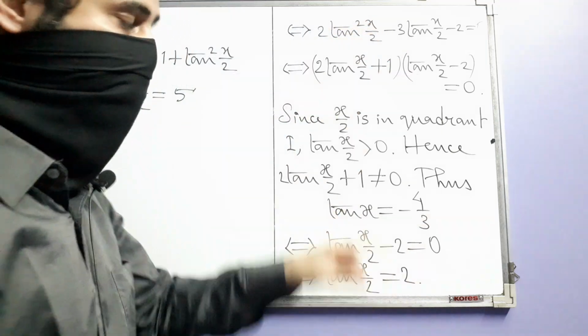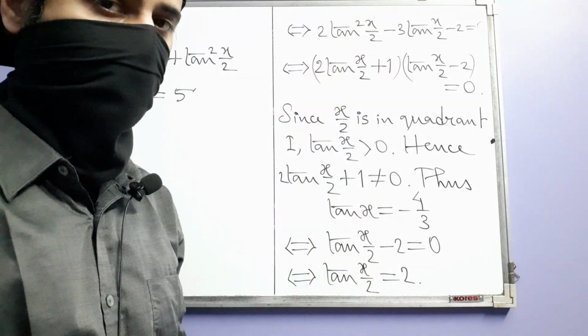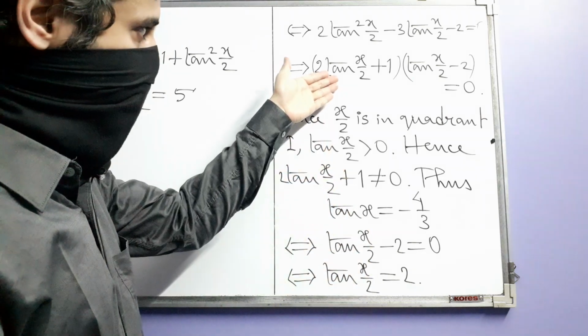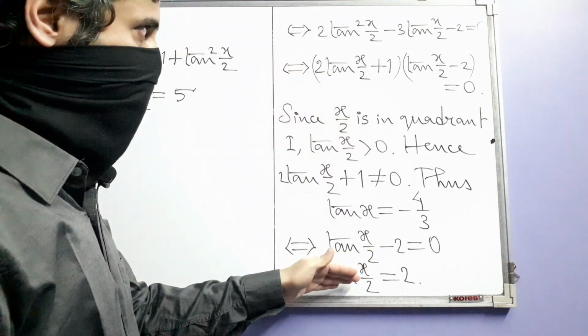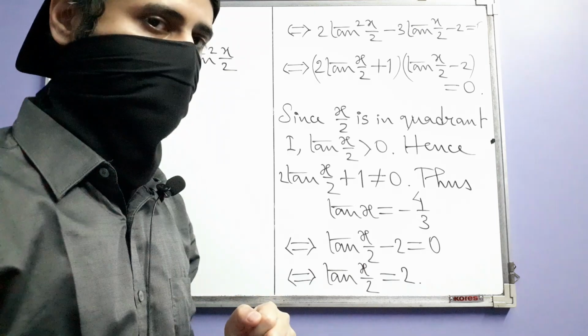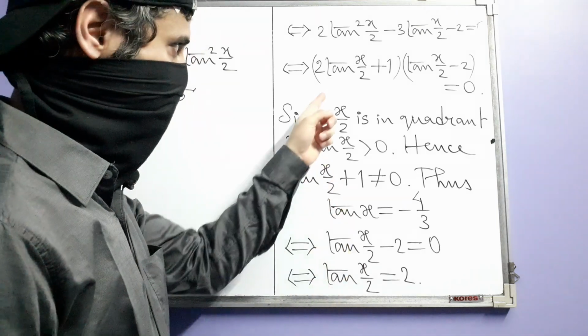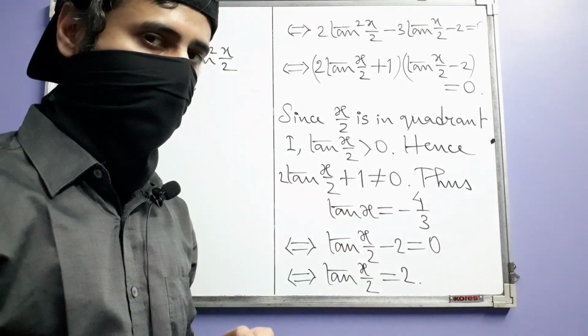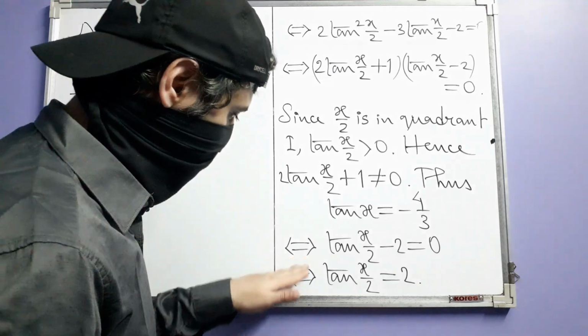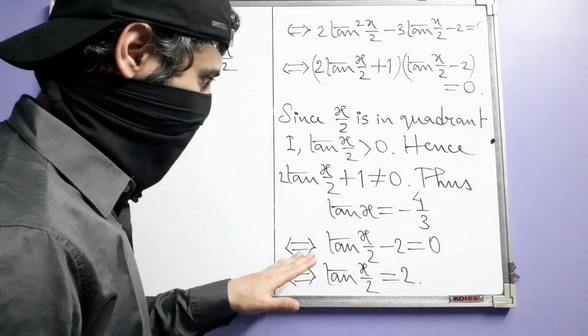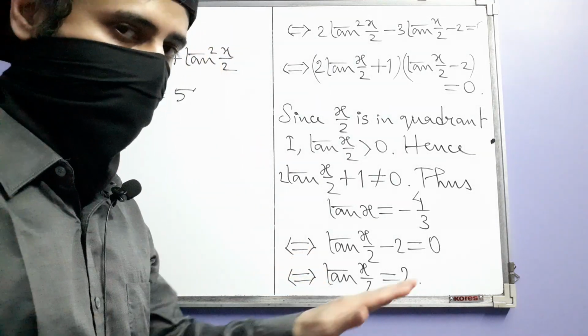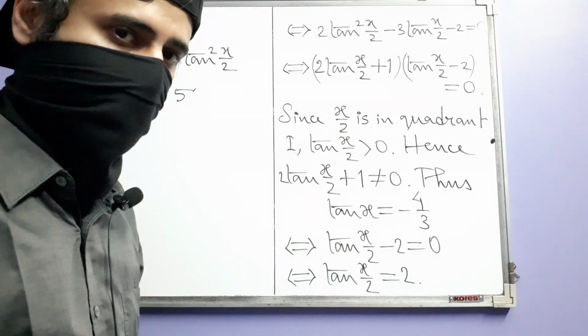That you can do even when this is 0. But when you want to come back from that to this step, you have to cancel this. That requires this being non-zero. So that is why when you write double implication, you actually have to be very careful that you can really go back and forth as you wish.